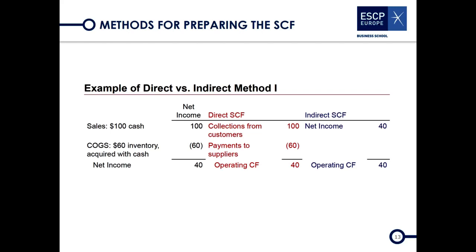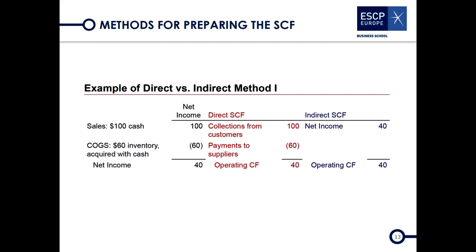We also know that the cost of goods sold was paid in cash, so it's a payment to suppliers of 60 that we need to record. So the net cash flow from operating activities is 40.